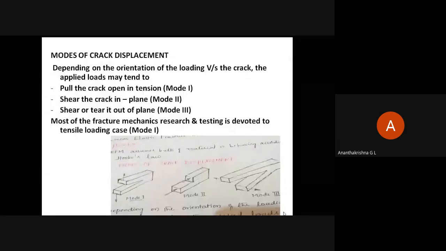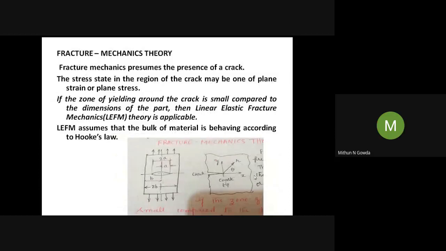Okay, presenting now. Now I think it is visible. Is it visible? Yes, sir. Slide is visible.